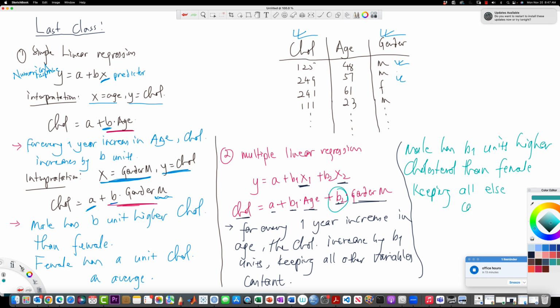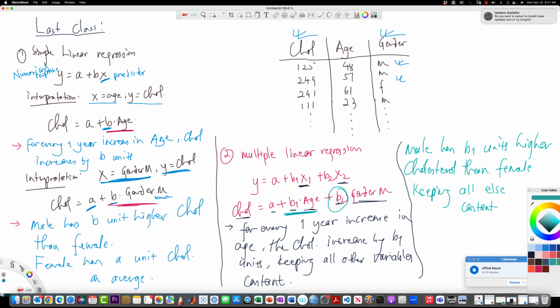What does that mean? If you fix the age, for example, if you consider a 50-year-old male, then the 50-year-old male has b2 units higher cholesterol than the 50-year-old female. When you fix the age, male has b2 units more than female.